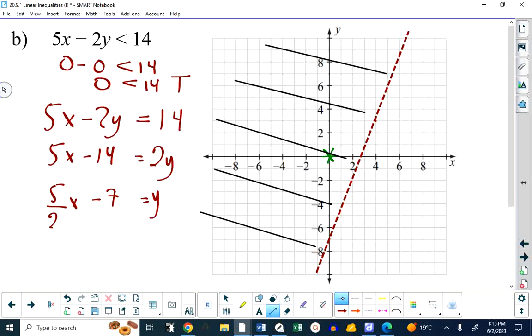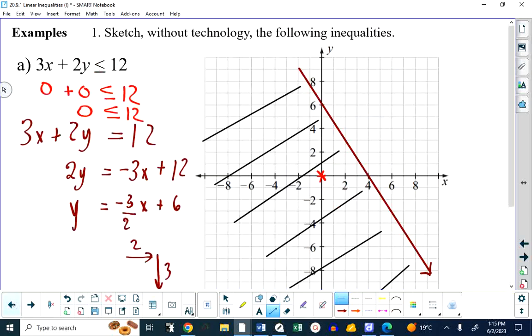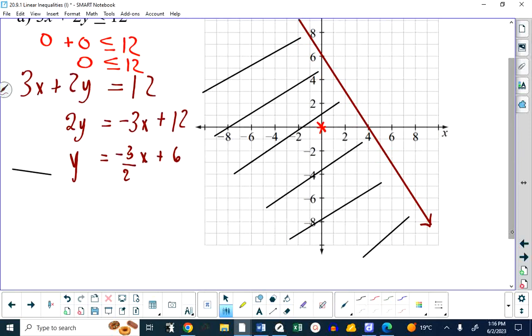The answer is that we had to move the y to the other side to make it positive. So when you look at this equation here, it actually is the following inequality. It's actually y is less than or equal to negative 3 halves x plus 6. Y is less than.